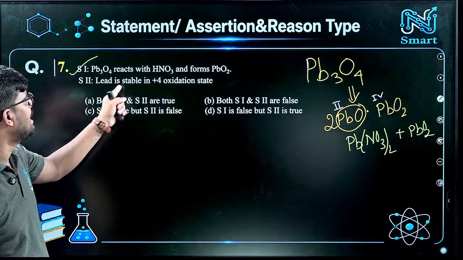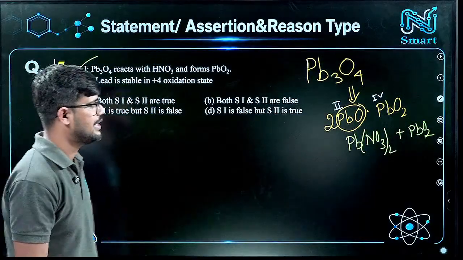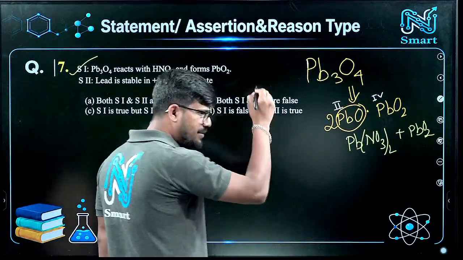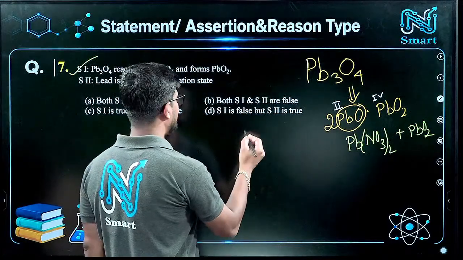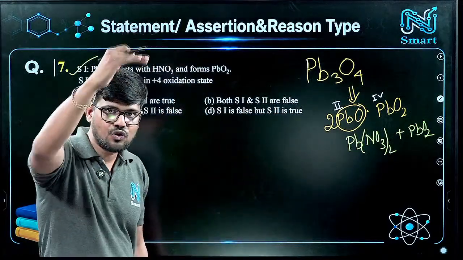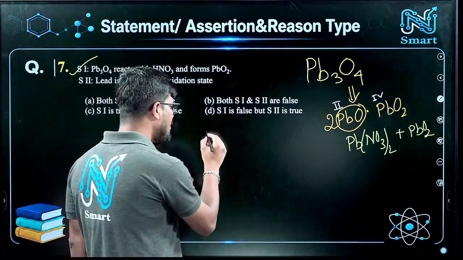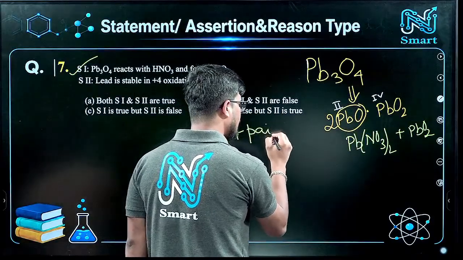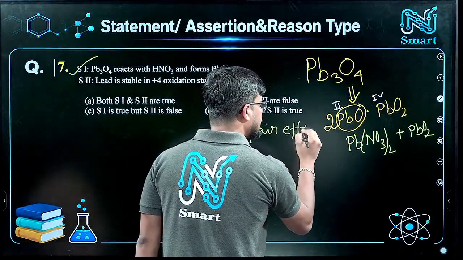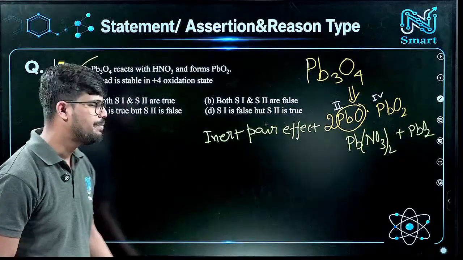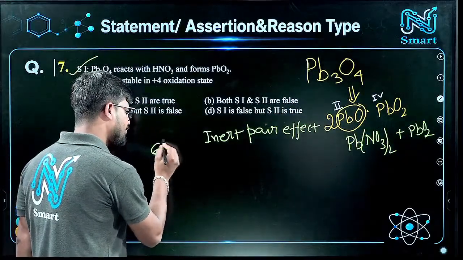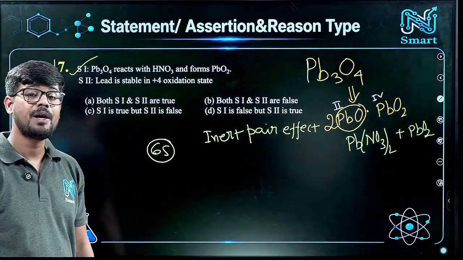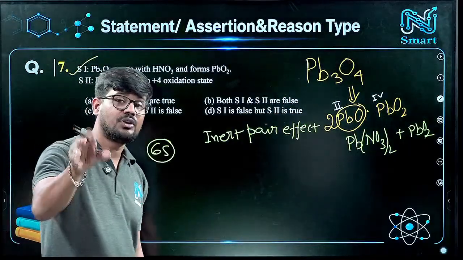Next one, they are saying lead is stable in +4 oxidation state. See, if you go top to down in that series, nitrogen, lead, we will see the inert pair effect. Due to the inert pair effect, especially the 6s electrons will be much closer to the nucleus.